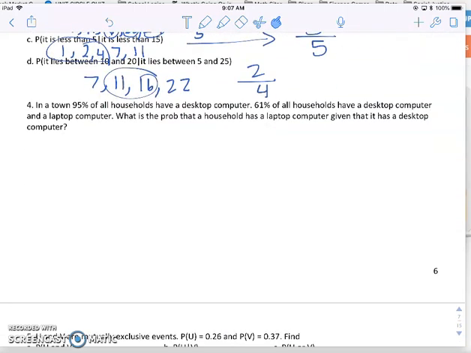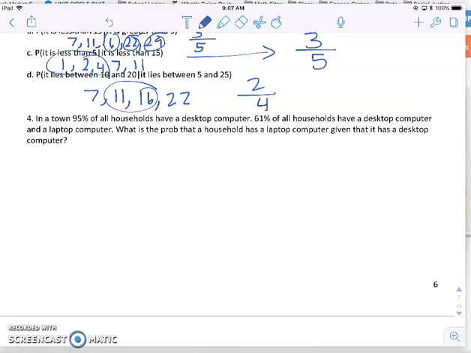This bottom one, in a town 95% of all households have a desktop computer, 61% have a desktop computer and a laptop. What is the probability that a household has a laptop given that it has a desktop? So we're asking, I'm going to put some notation here, the probability that you have a laptop given you have a desktop.